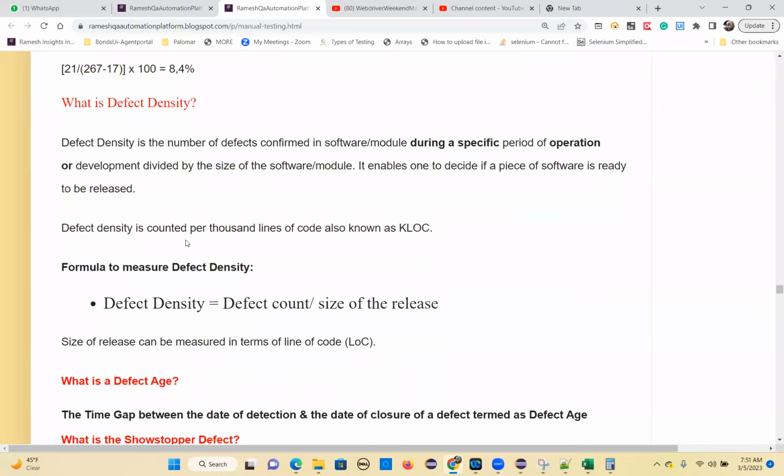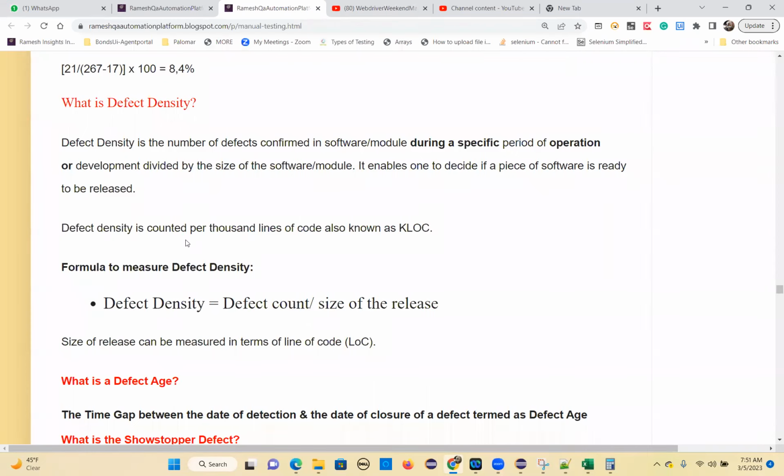So next, what is defect density? Defect density is nothing but the number of defects found in a particular module or particular component in a particular release. Okay, so the number of defects found in a particular module during a specific period of time, so one particular release.